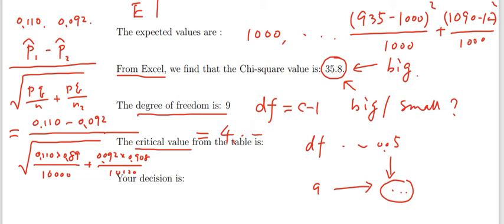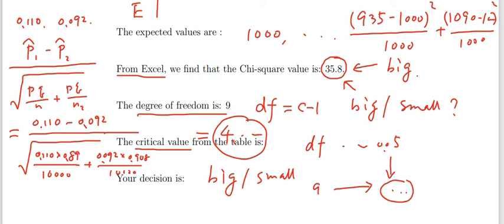Okay, so then we just determine whether this is a big number or a small number. So which table do we need to check, the T table or the Z table? Because the sample size is quite big, this is just the Z table, right?